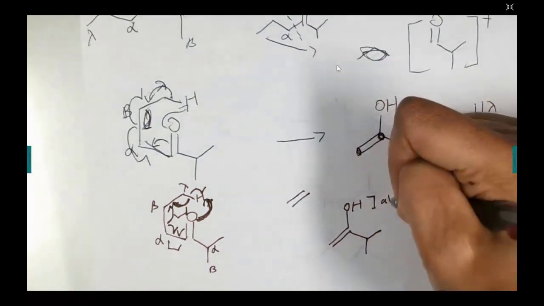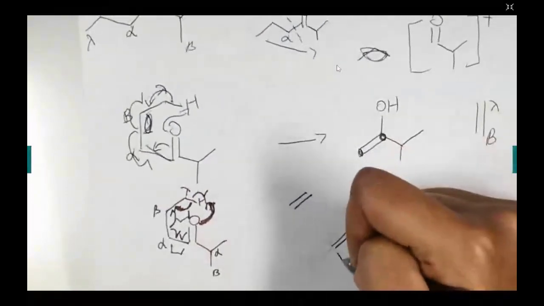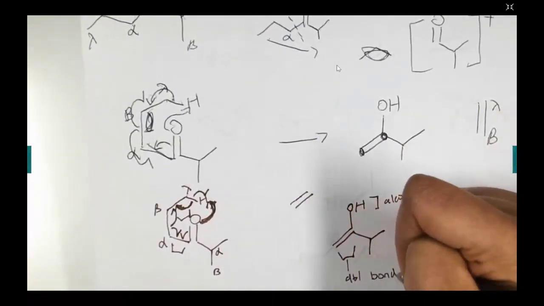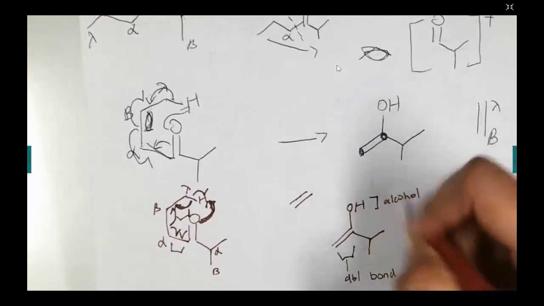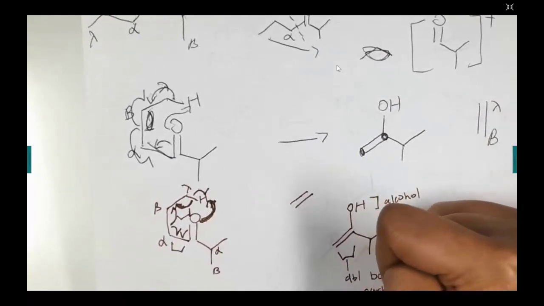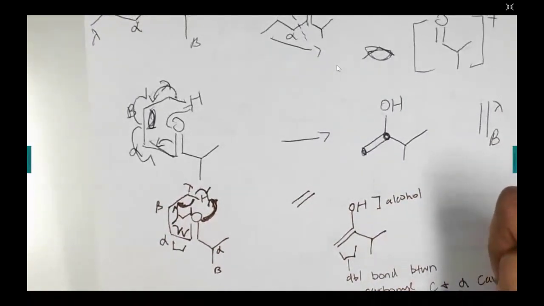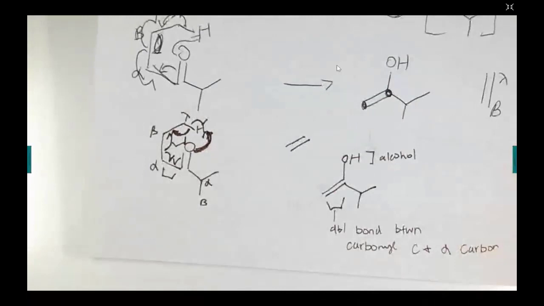So you've got your alcohol point and a double bond between your carbonyl carbon and your alpha carbon, right? And you've cut off your beta. So sort of like how you had alpha cleavage, now we're cutting off my beta. But we're doing it a little differently. We're reforming a double bond a little differently.